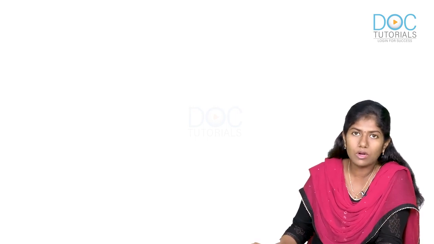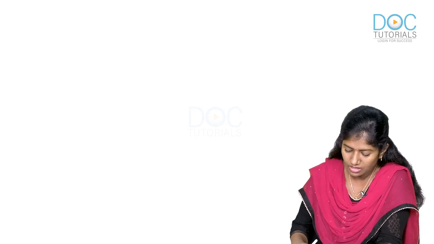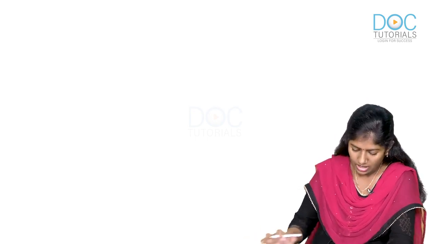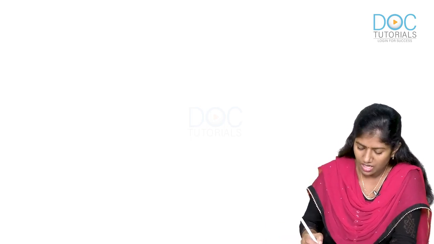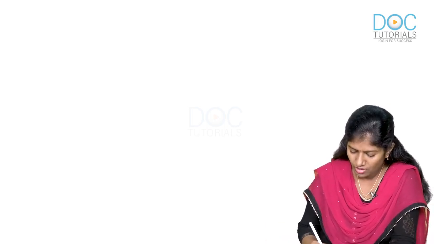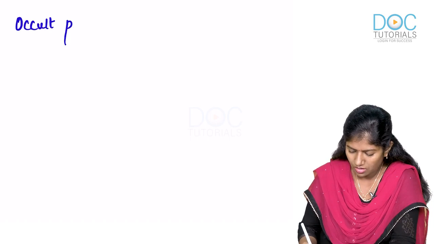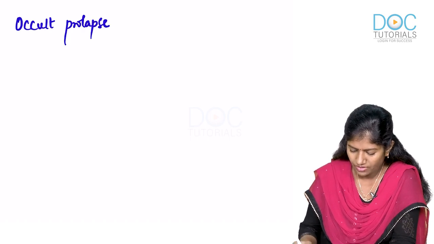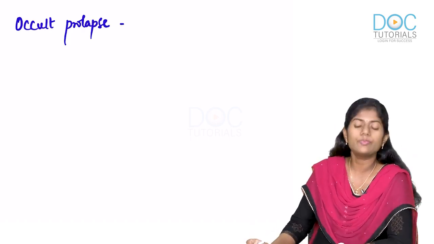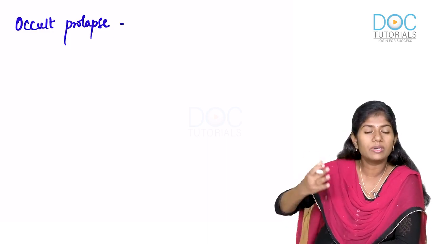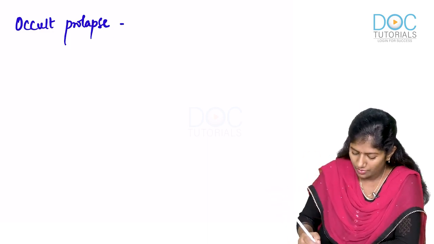We have something called cord prolapse, cord presentation. We also have something called occult prolapse. What is occult prolapse? Occult prolapse is where the cord is placed by the side of the presenting part.